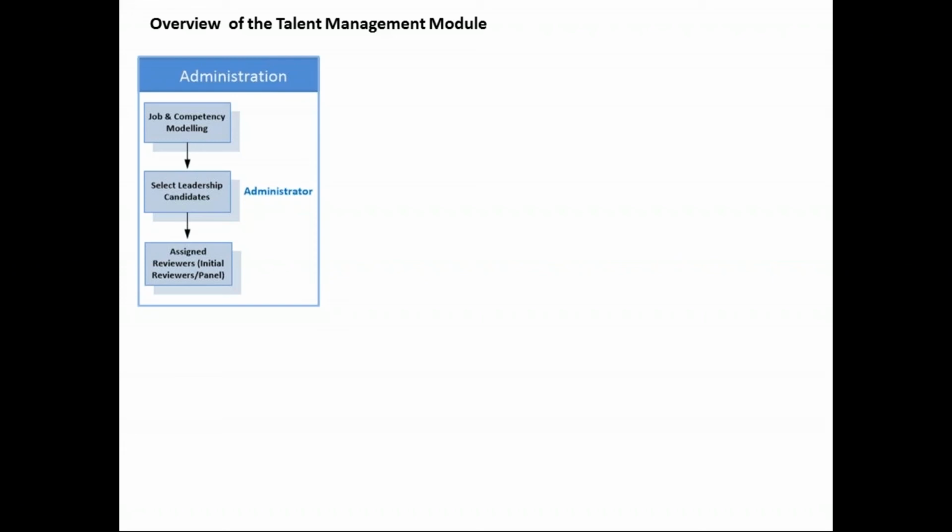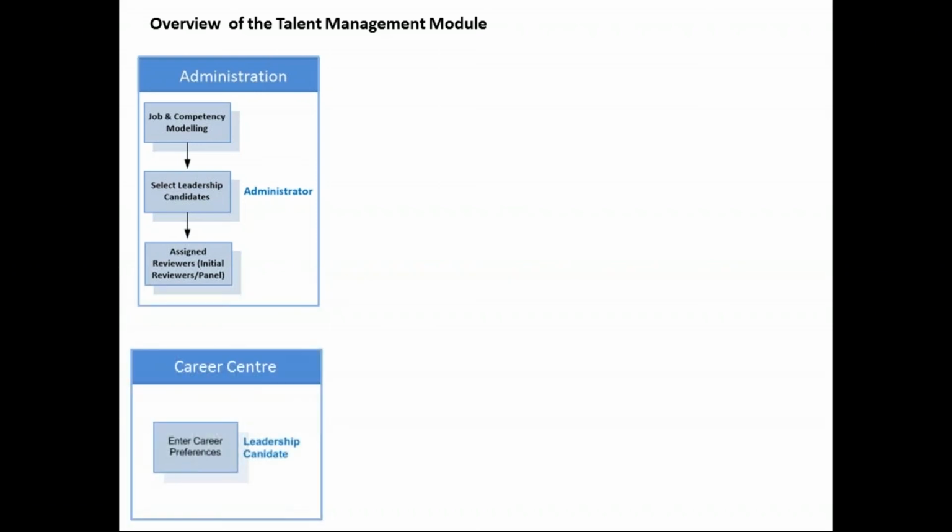Then we can assign leadership candidates. Actually, in the talent management domain, the employees whom we pick for the assessment, we identify them as leadership candidates, because the main objective is that we are going to grow those employees to replace critical positions in the organization.